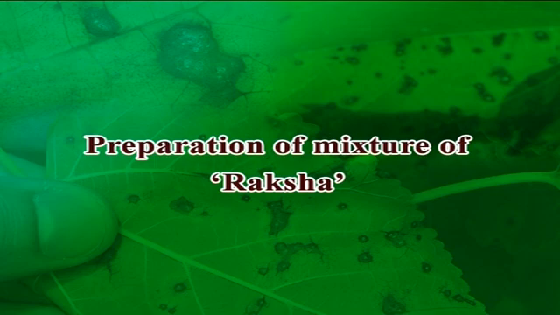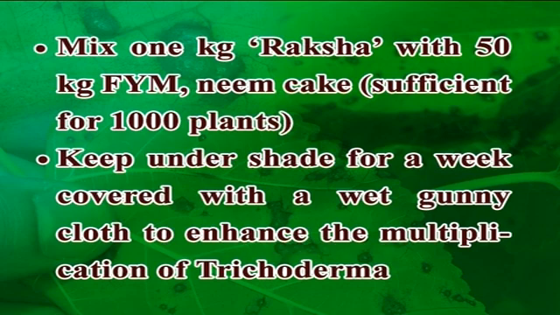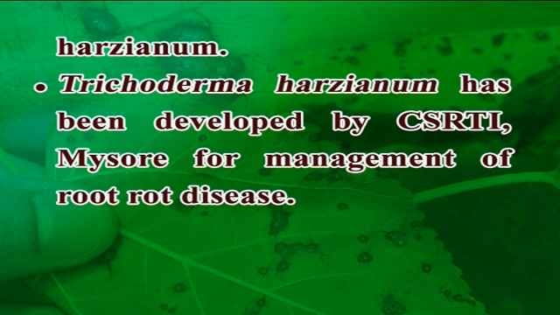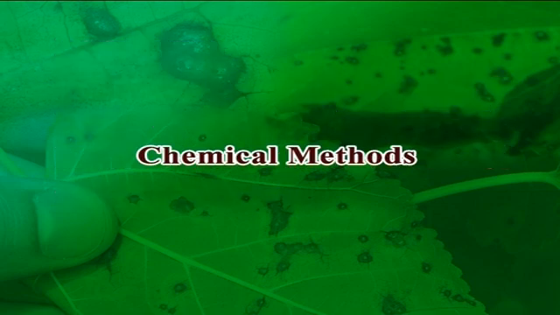Preparation of mixture of Raksha: mix 1 kg Raksha with 50 kg of FYM and neem cake, sufficient for 1000 plants. Keep under shade for a week covered with a wet gunny cloth to enhance the multiplication of Trichoderma harzianum. Trichoderma harzianum has been developed by Central Sericultural Research and Training Institute, Mysore, for management of root rot disease.